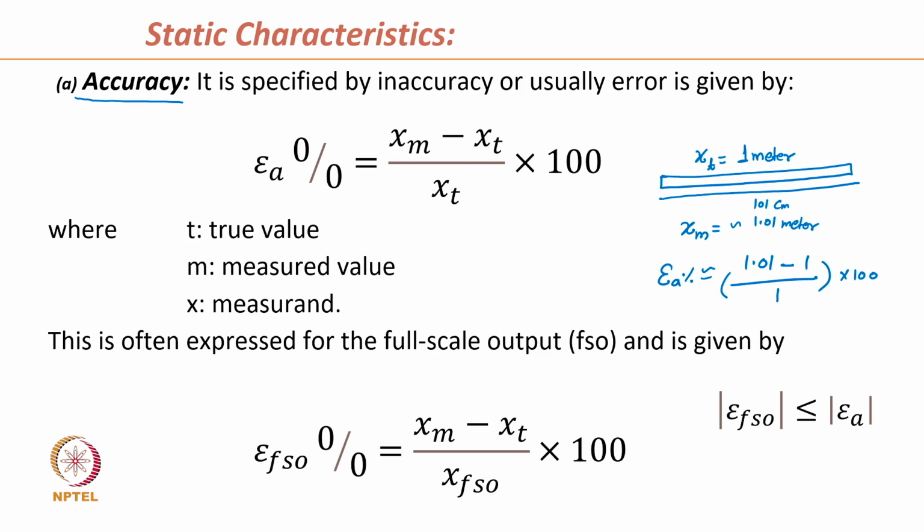So, this error is actually the difference between the actual value and the measured value, normalized to the true value of the measurement. This is called epsilon A. Sometimes this error is often expressed for a full scale output as well.